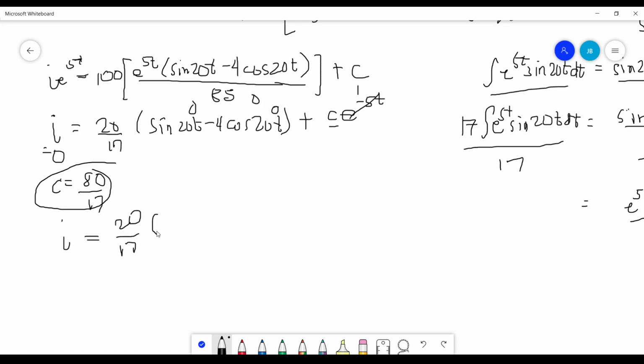Then the question asks for the current at time equal to 0.05 seconds.